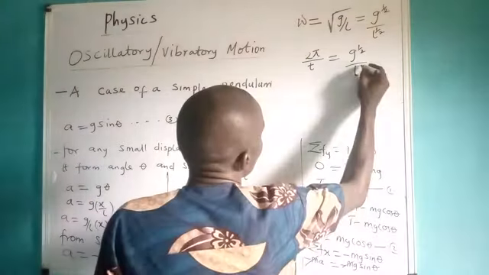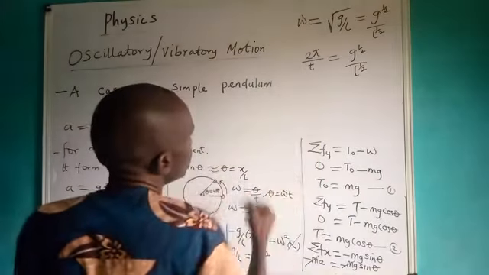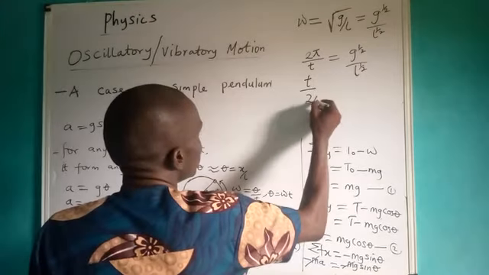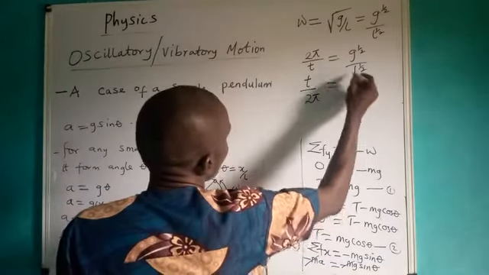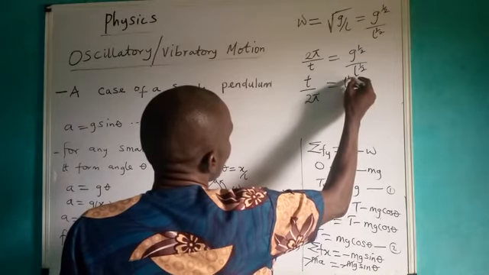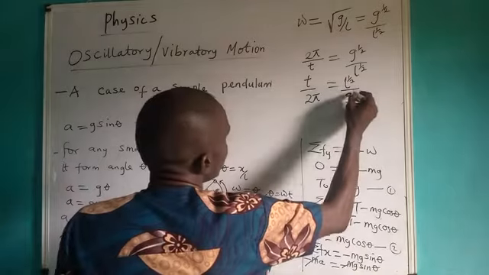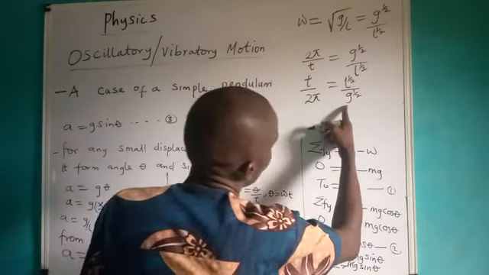Now we can proceed. I can decide to interchange the position. T will become T over 2 pi, and this one will also change, becoming L power half over g power half.